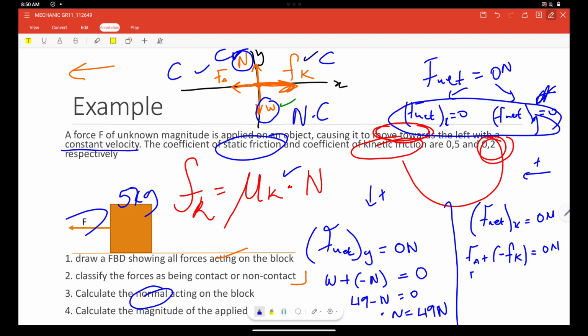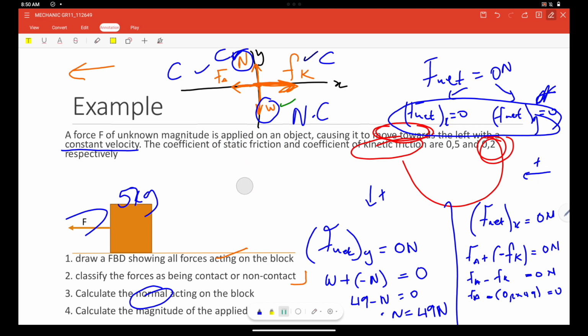And I have force applied minus Fk equals 0 Newton. Do I know Fk? No, I don't. But can I calculate it? Let me see. Do I have mu k? Yes, I do. Do I have the normal? Yes, I do. Then I can calculate the kinetic frictional force. I'm going to do the calculation on the side so that you can clearly see what I am doing.